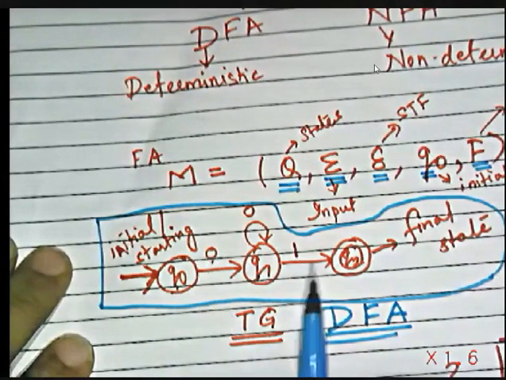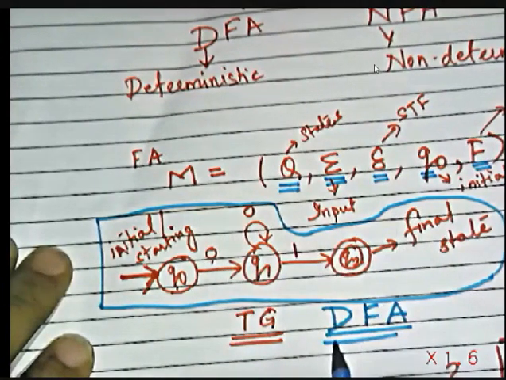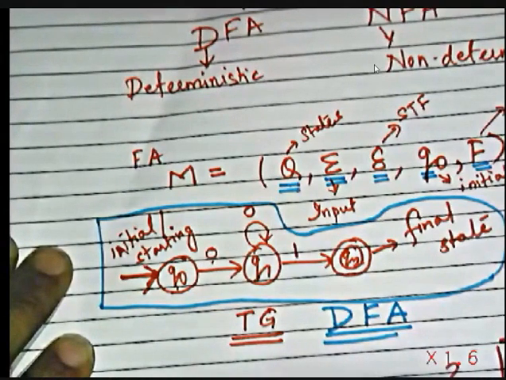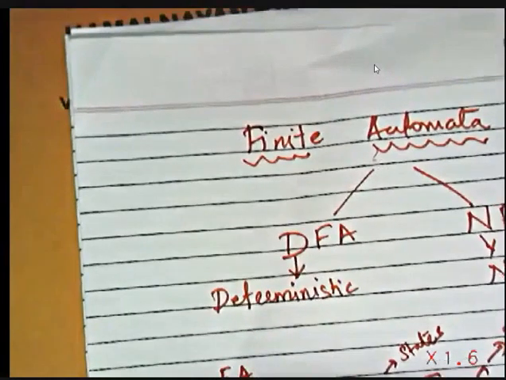Such confusions are not there in deterministic finite automata. It is determined that on the current input with the current state, it has to move to exactly a single state. That's why such finite automata are called deterministic finite automata.